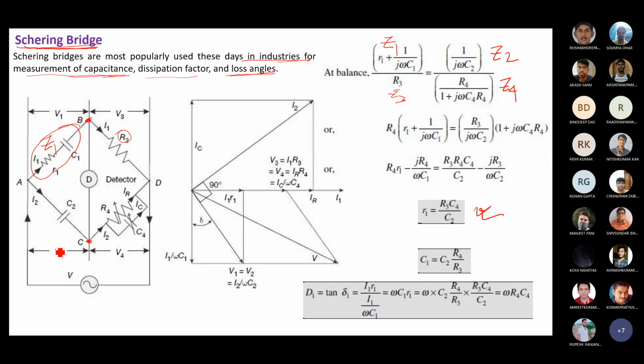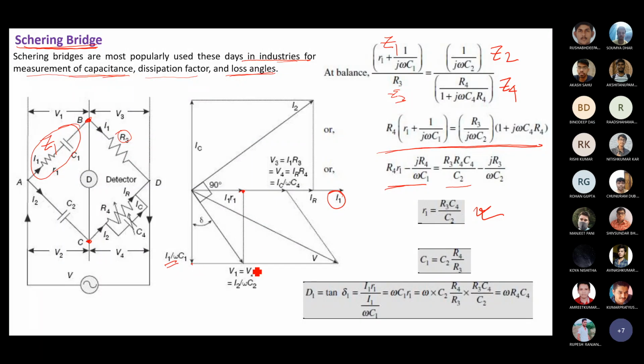Then you equate them, real part and imaginary part, and from the identity you get the value. I1 is the reference. V1 equals I1 R1 plus I1 by j omega C1.